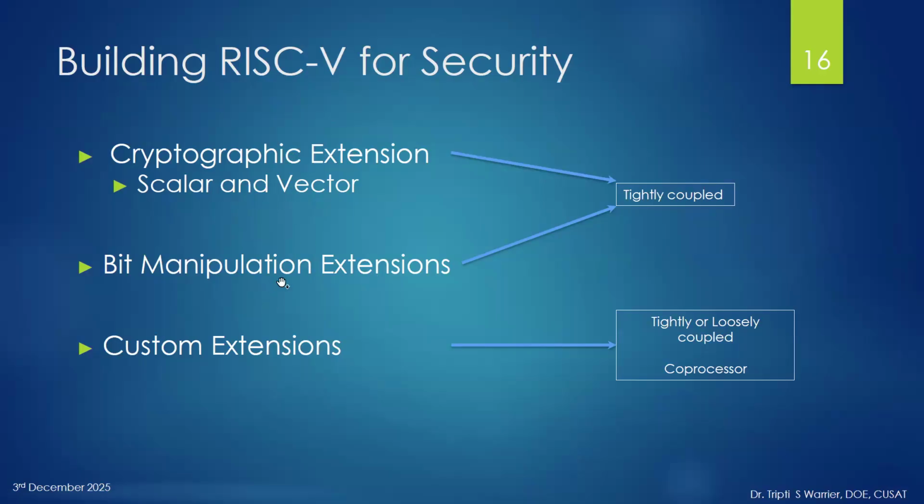Then use of simpler instruction extensions to implement complex cryptographic algorithms, that is the bit manipulation extension. And then custom extensions, which is writing your own instructions to do the task. These are the designs we are going to discuss during the next few slides.